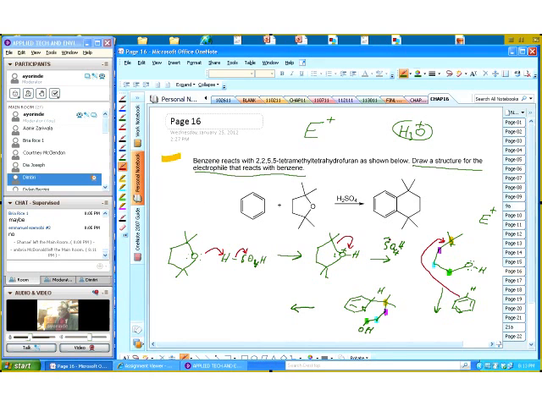So now this will act as a base. It will now come here to pull this hydrogen out of here, and now you are going to regenerate the ring system.